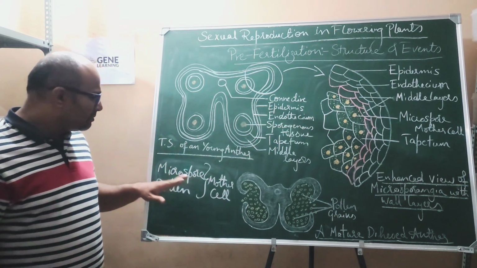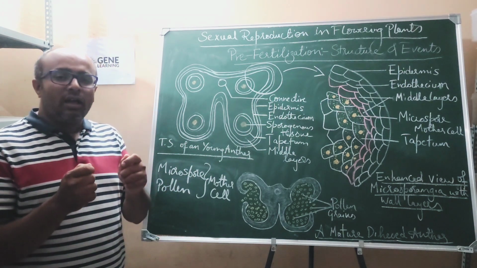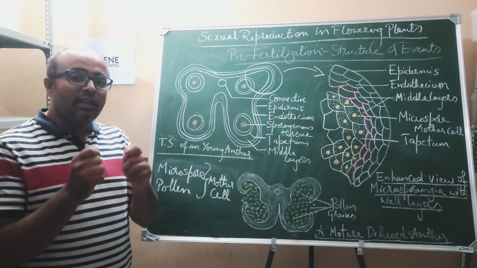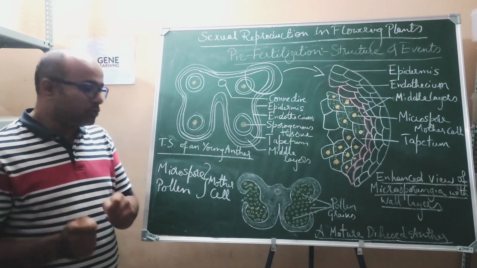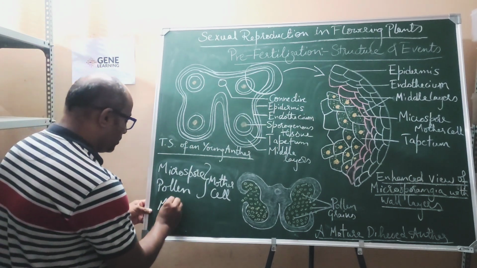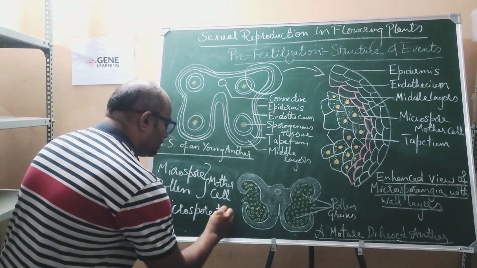Now this microspore mother cell, if it divides meiotically, has the potential to give rise to what is known as microspore tetrads.